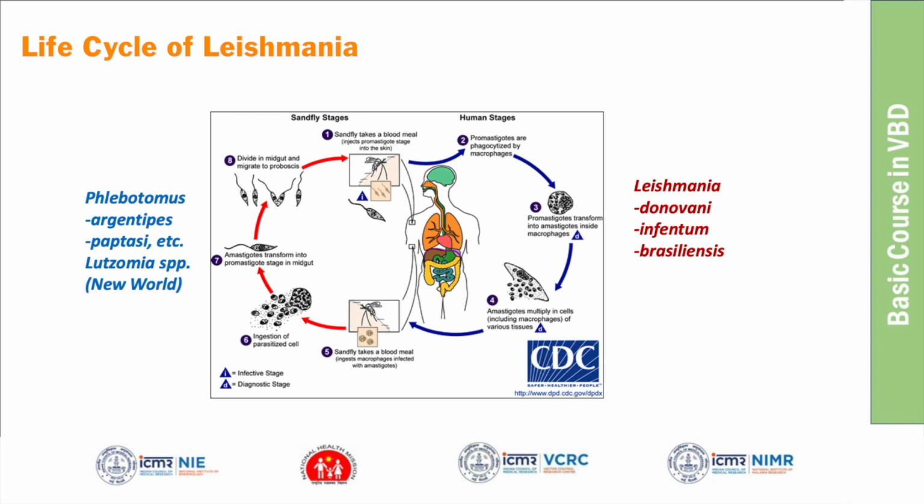And finally, when this fly bites the next susceptible host, it injects the Leishmania into the next host, and then of course Leishmania changes its form and finally lodges itself in macrophages, and the cycle continues.